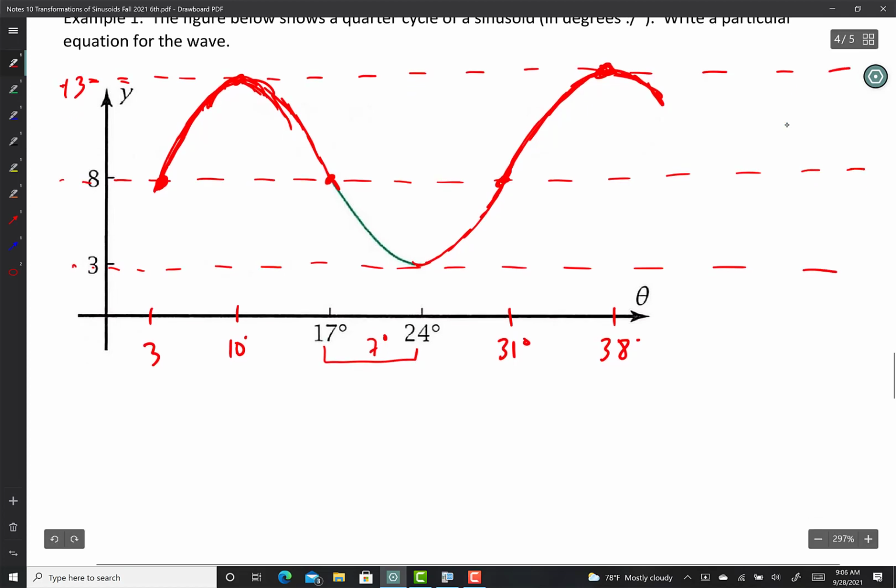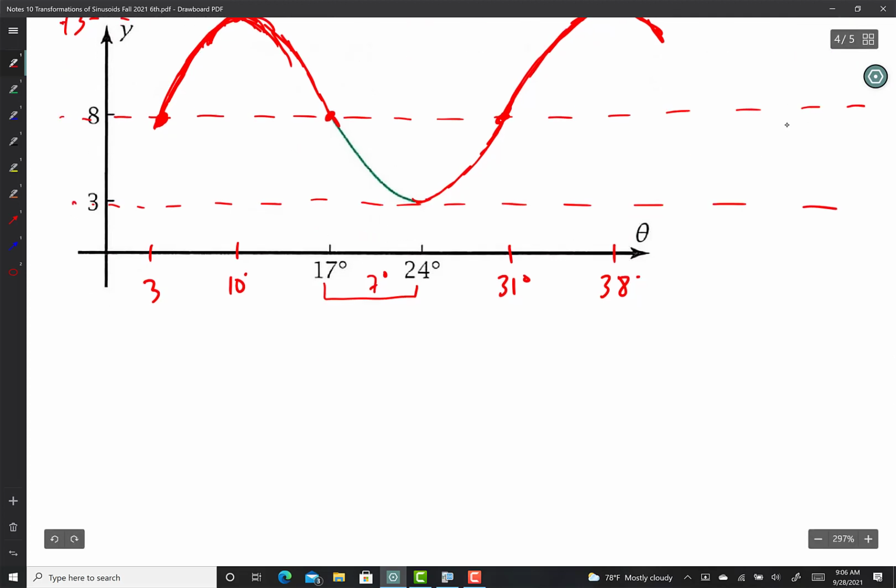All right. Let's come up with an equation as a class. What do you guys want to use, cosine or sine? Cosine? We're going to use sine, I promise. Let's use cosine. What's the amplitude? 5. Cosine, open parenthesis, I need the b, so I'm going to go here to the side.